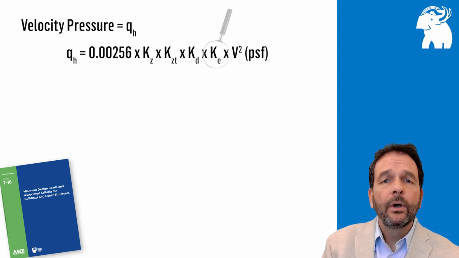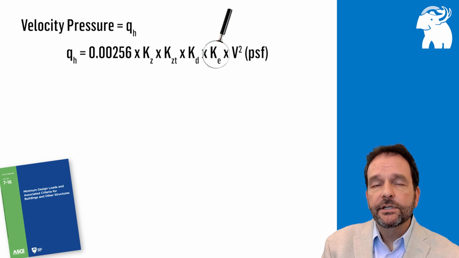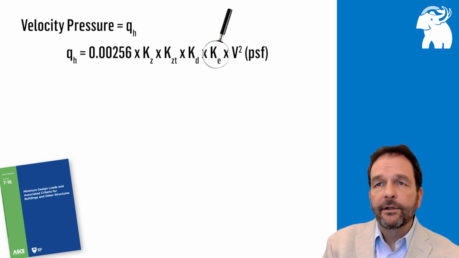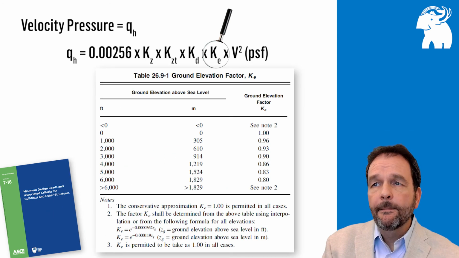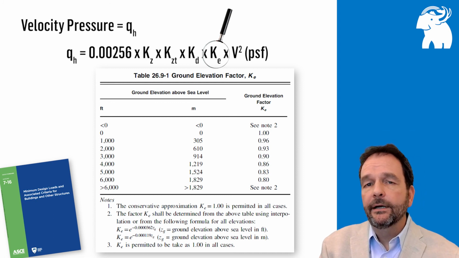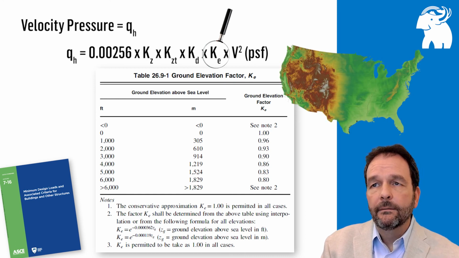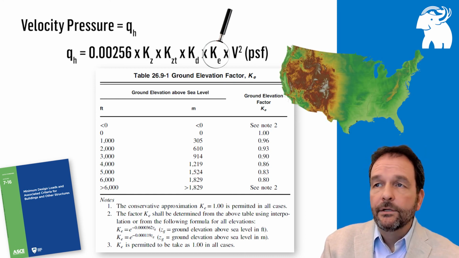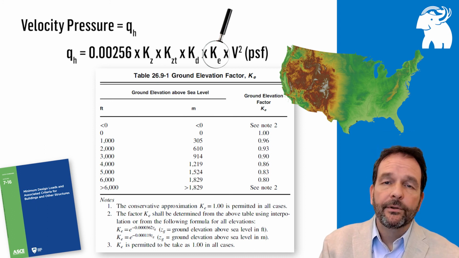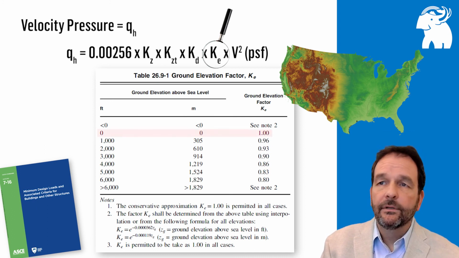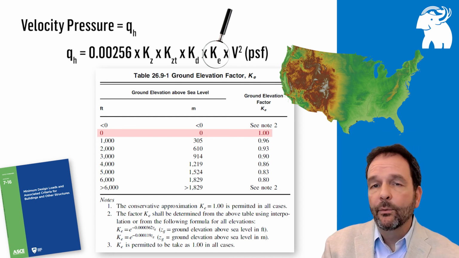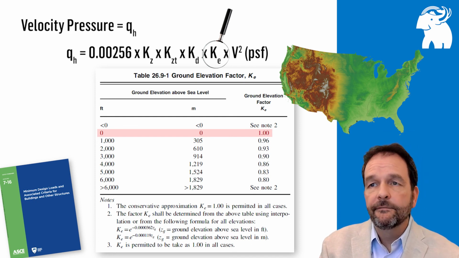There's a new factor included here in ASCE 7-16. It's the ground elevation factor, K sub e. And basically this adjusts the pressure based on the height above sea level. So for buildings that are at sea level, it's going to be 1.0, and you can always assume 1.0 and be conservative.